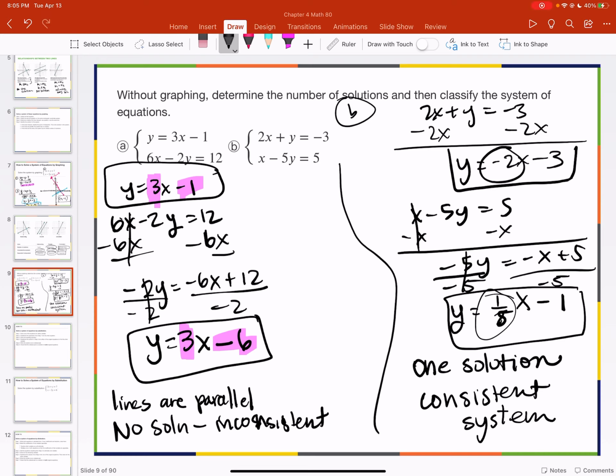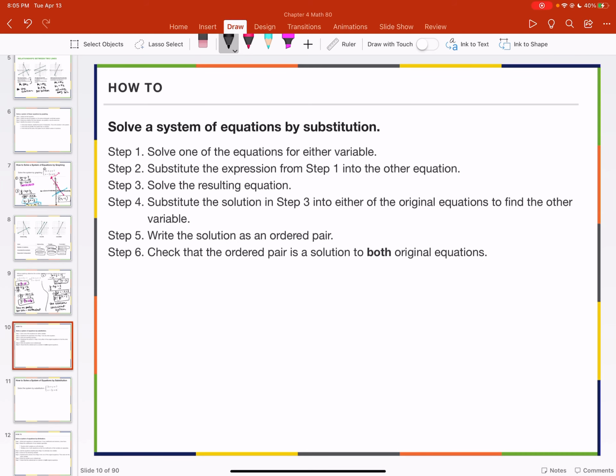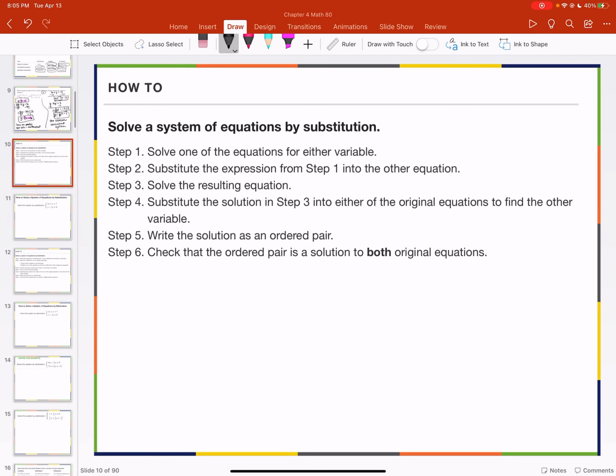Okay, yes, great. Now let's talk about substitution. Substitution is basically when you take your two equations, solve one of them for one variable in terms of the other, and then plug that whole thing into the second equation. The idea is that you get an equation that only has one variable.